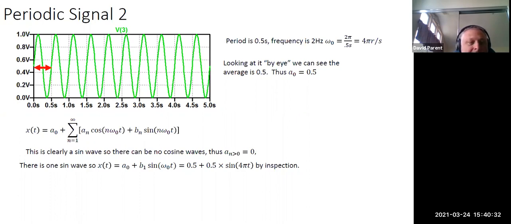Now, again, I could numerically integrate that, and it'll give me the average. But just by eye, you can tell that it's a half.